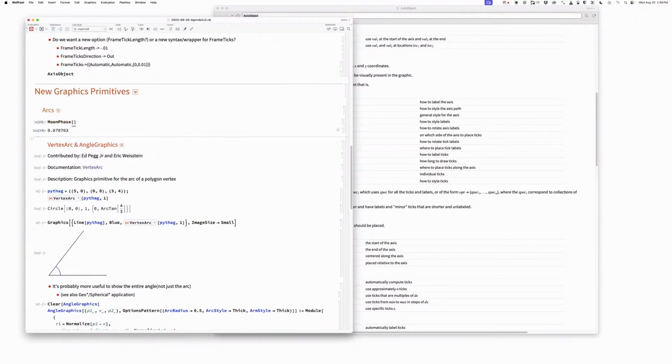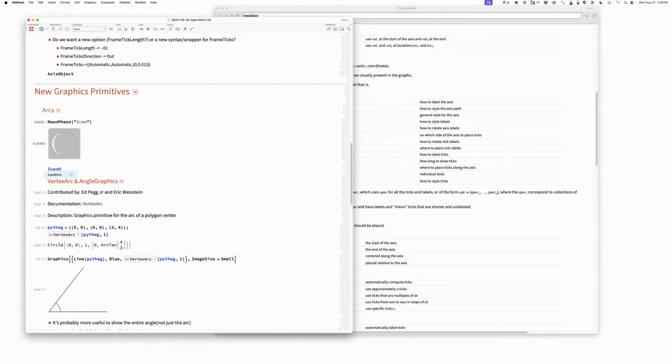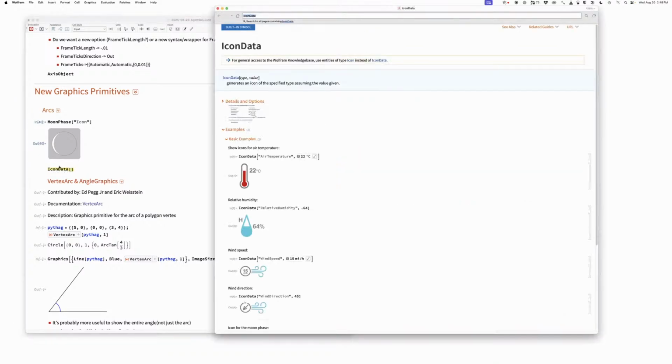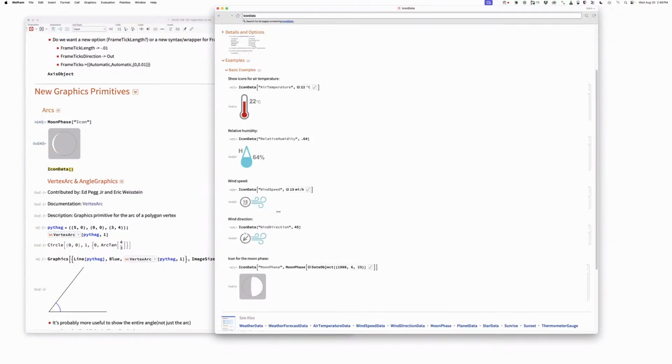I think it's just called icon, that's the property. Okay, but within icon data, don't we have a whole bunch of different kinds of things? Icon data has a handful of parameterized things like moon phase, 50% or whatever. And then we have the icon entities.